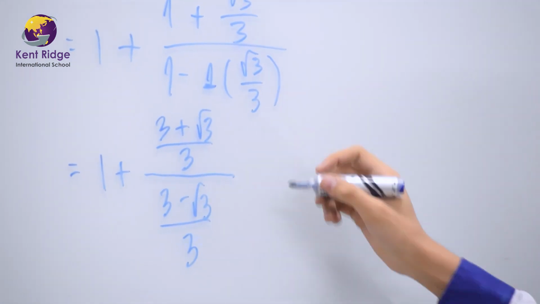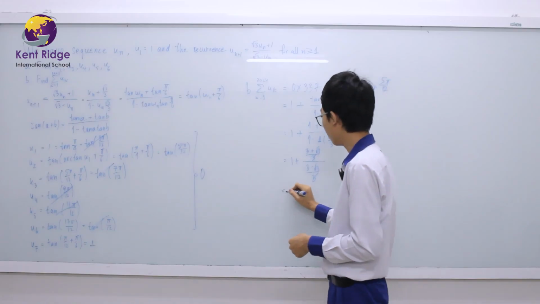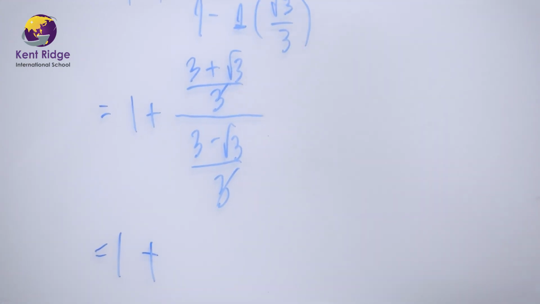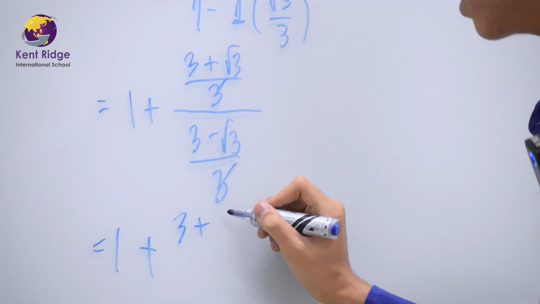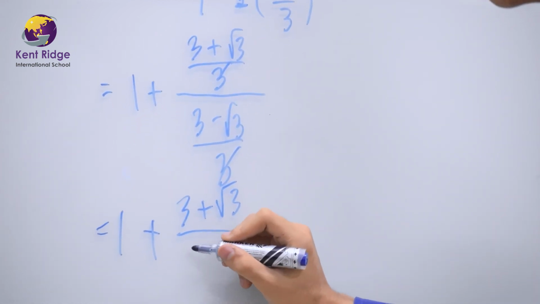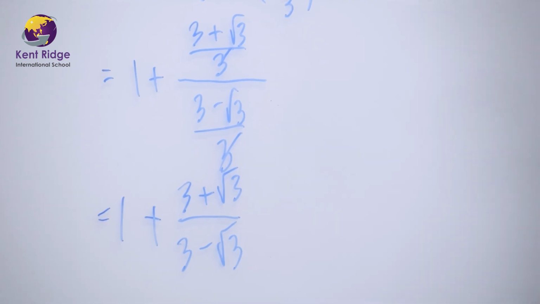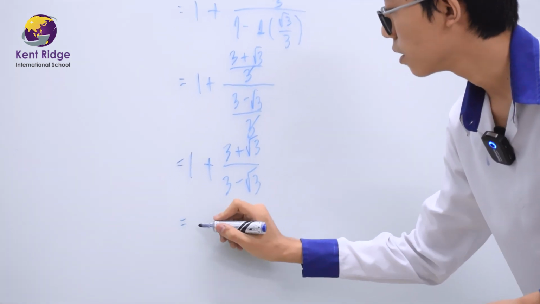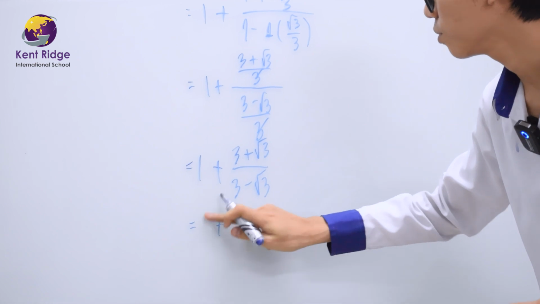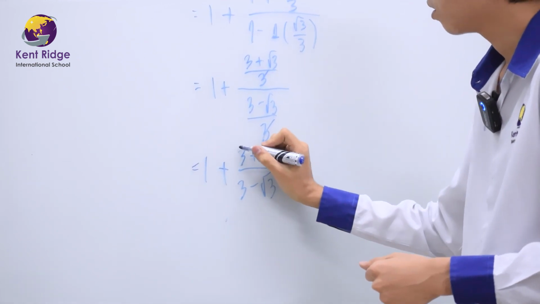We can just erase the 3 here. We have 1 plus (3 plus square root 3) over (3 minus square root 3). We can use the a squared minus b squared rule, which will give us, oh, actually, we can just modify this.